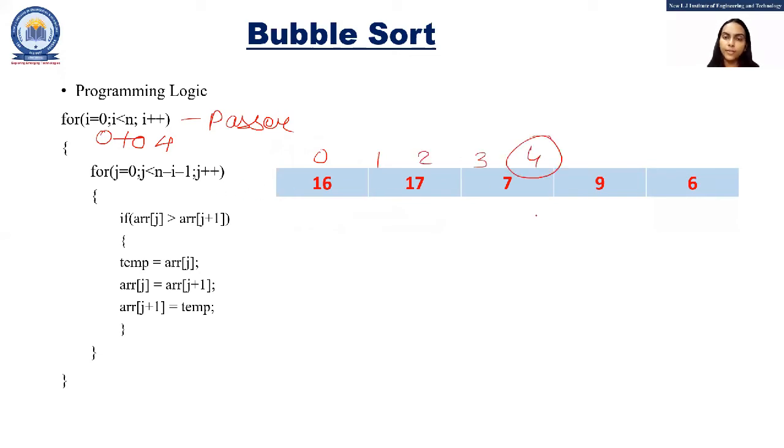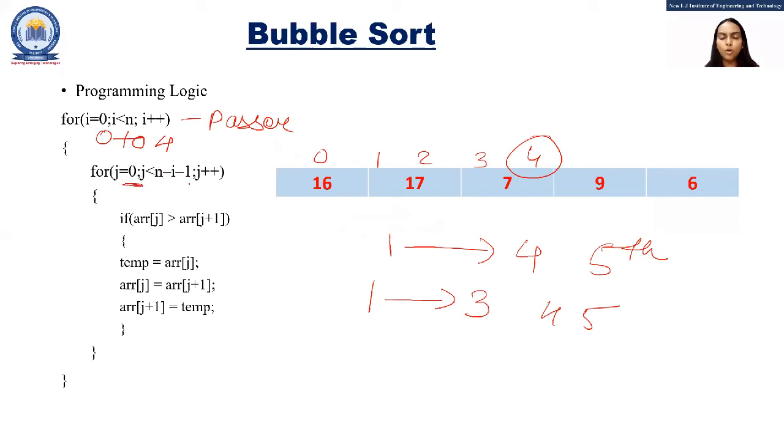So at each pass, j would keep on decreasing, because what happens at the first pass, now our array size would just remain 4, because the fifth is already at its correct position. Then in the second pass, it will go from 1, 2, 3, because 4, 5 is at the correct location, and so on. So it would run from 0 to, you can keep less than n minus i or n minus i minus 1, right?